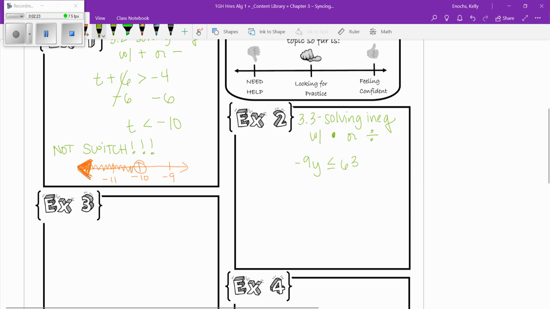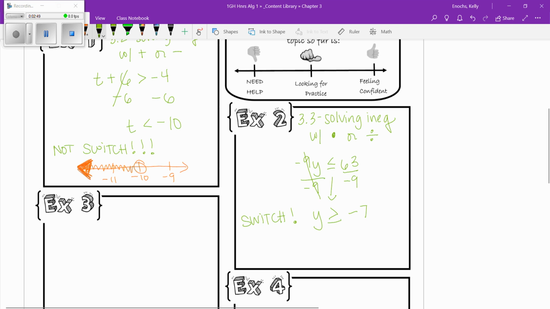And again, to isolate our variable, we're going to undo the multiplication, which is divide by negative 9 on both sides. Notice, this time we are multiplying or dividing by negative 9, so I need to switch my sign automatically before I go through and write my answer. If you don't do it then, you might forget. So 63 divided by negative 9 is negative 7, so you must switch your sign in this one.